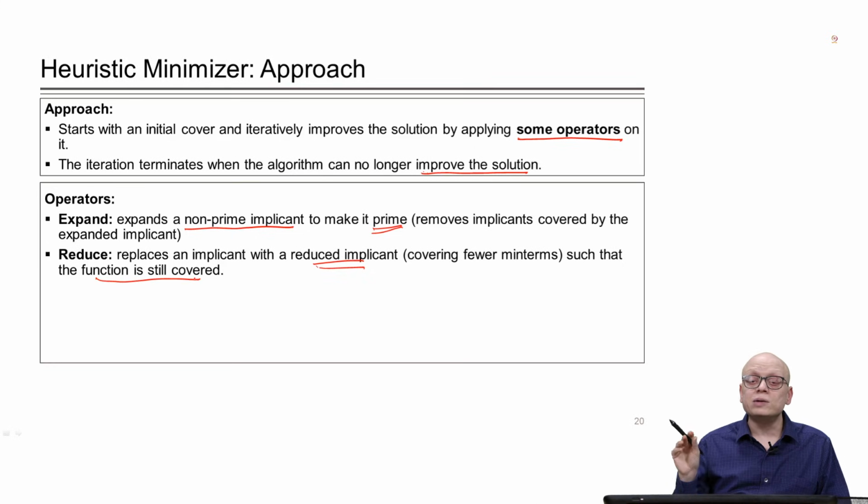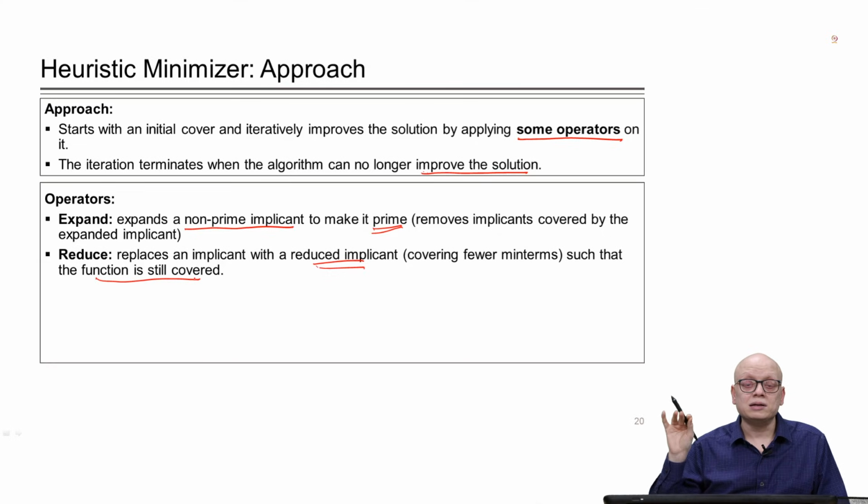It does not reduce an implicant such that it uncovers a vertex which was solely covered by it.